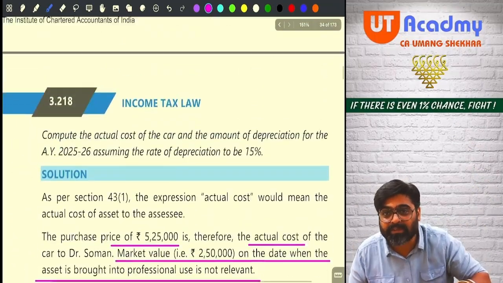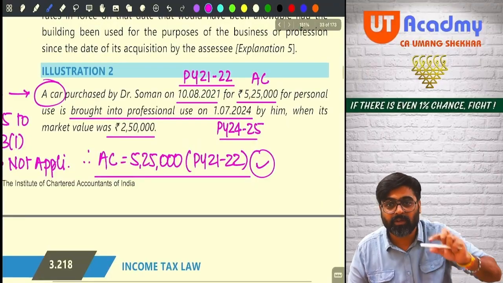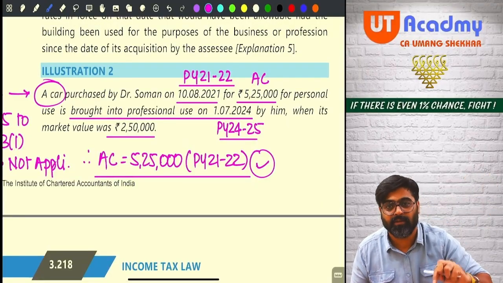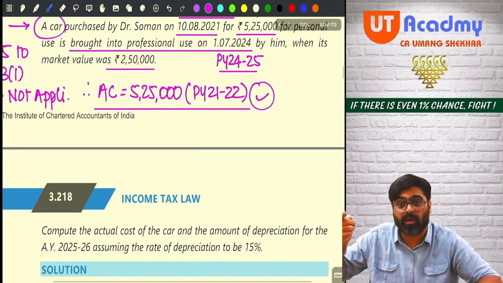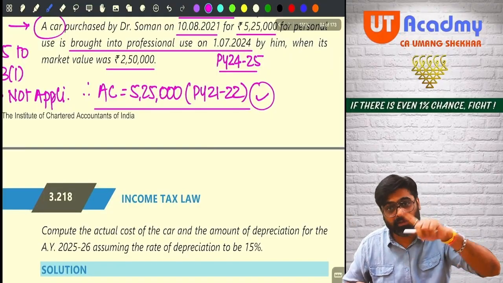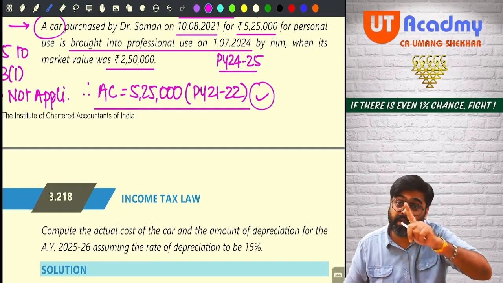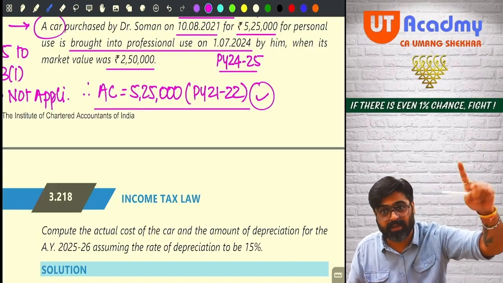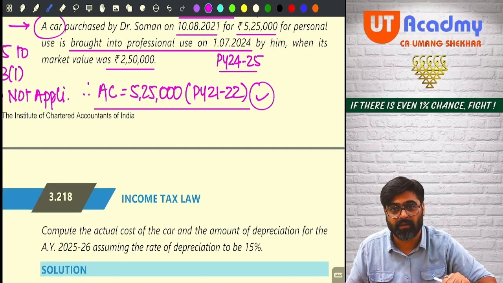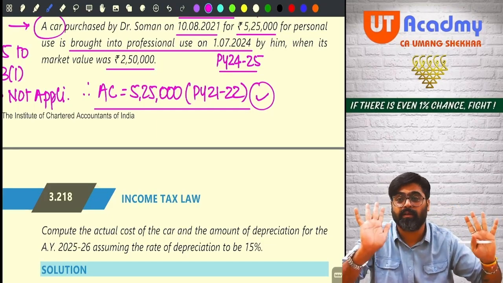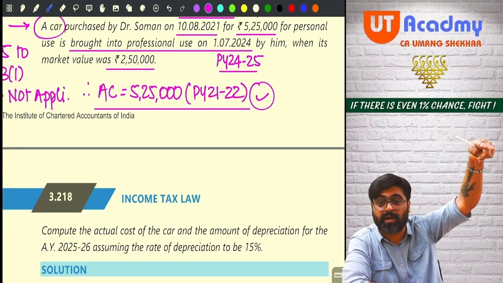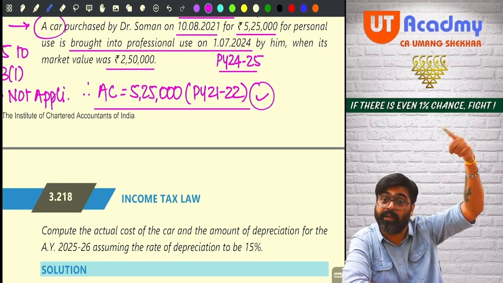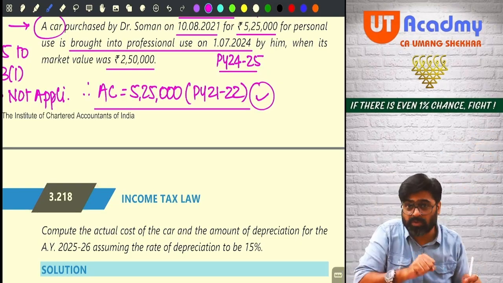The same question which is framed here, no, this will be given as a adjustment. Now, in the value of the block, you will do the additions. This car will come. Fair market value and everything will be given. They will give you the depreciation rate and everything for the car. Ignore everything. Whatever cost you have incurred for the car, no, 5,25,000 in 21-22, bring that cost only in the block.